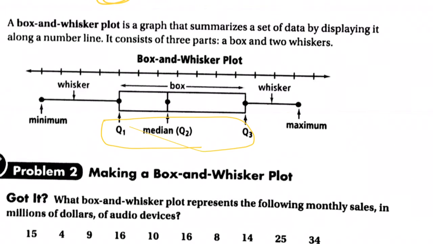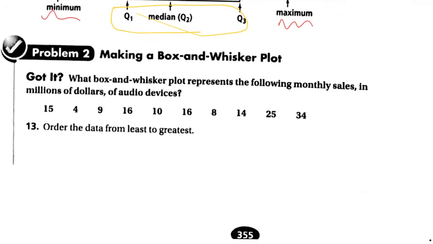The whiskers are created by finding the maximum data point and the minimum. So based on what we did, we could create a box plot from problem 1. However, let's look at problem 2 to create that box and whisker plot.